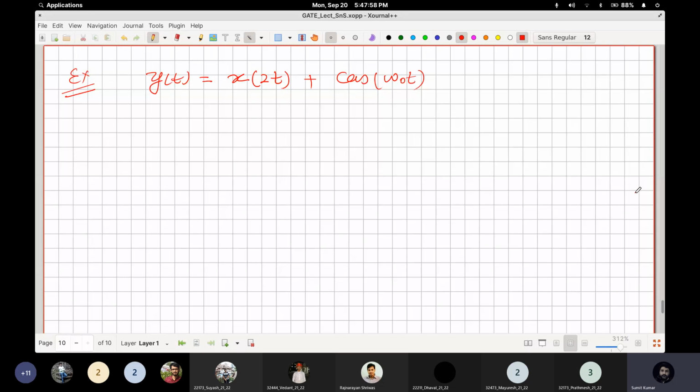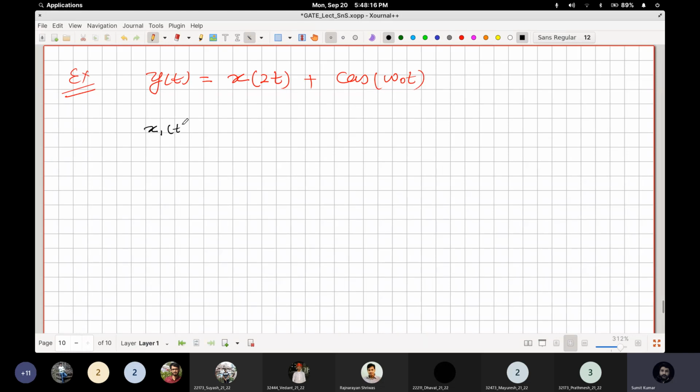Does everybody agree that it's going to be non-linear? Okay, so you can easily prove that. Actually, it's not difficult. The only thing is that I will have to do a bit of work here.